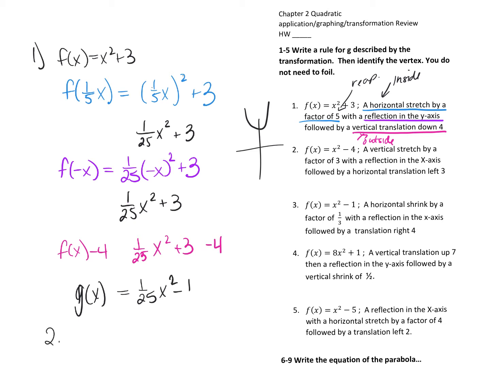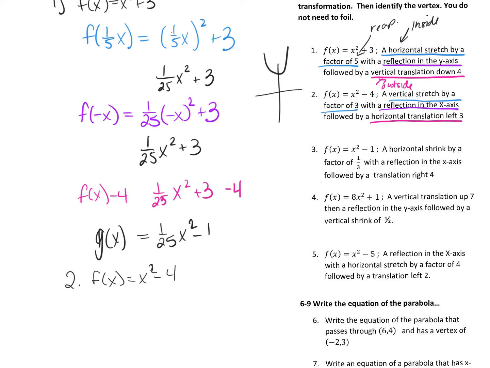Number 2, my function f of x is x squared minus 4. We're going to do a vertical stretch by a factor of 3. Vertical is outside. A reflection in the x-axis, also outside, and a horizontal translation left 3, horizontal's inside. So the vertical stretch by a factor of 3 is 3 times f of x. That means I'm going to multiply the whole function, x squared minus 4, by the 3.